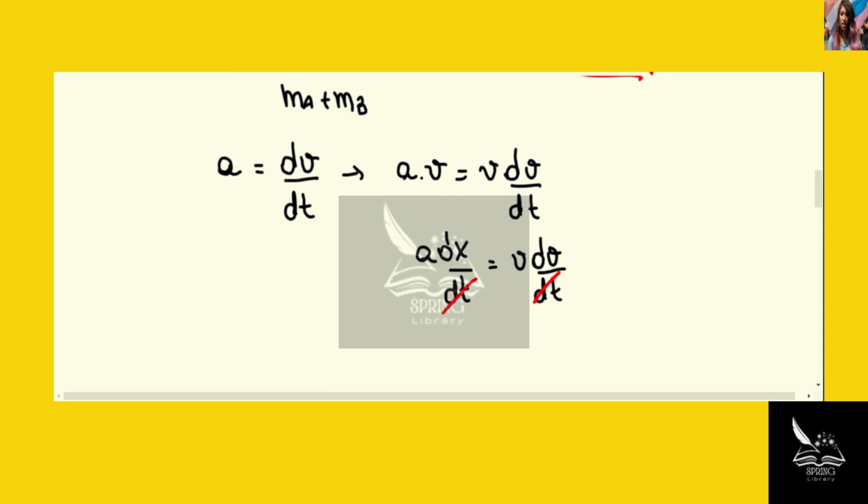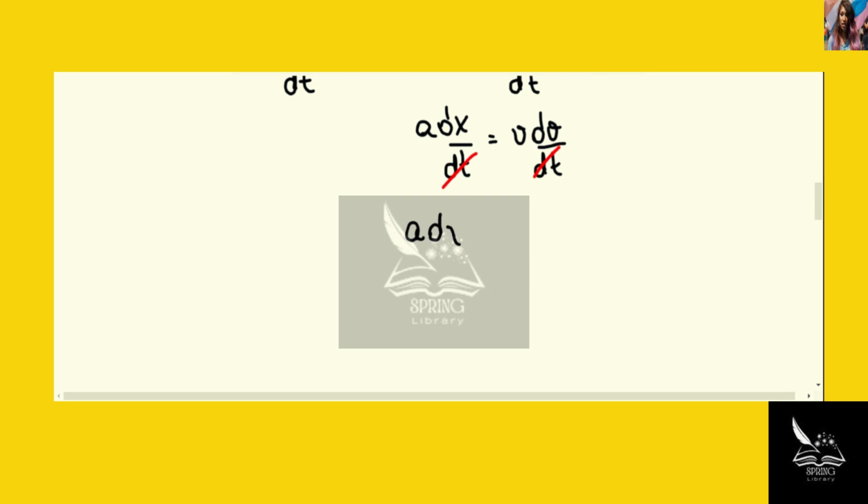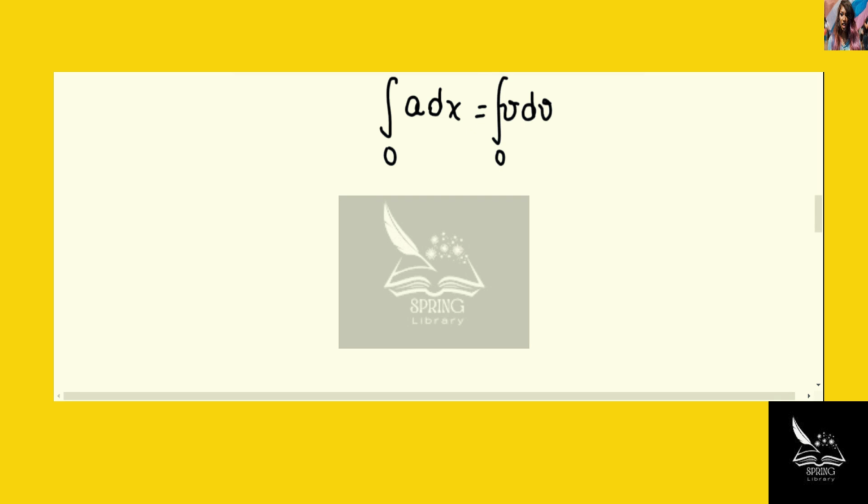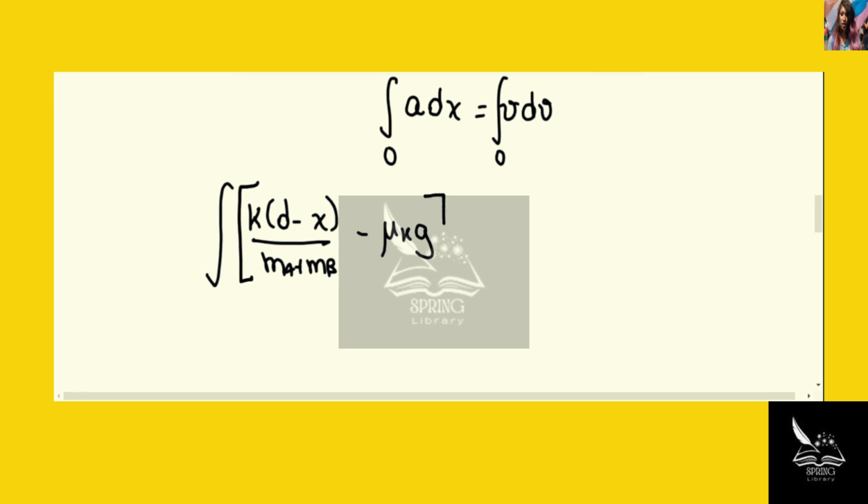The dt's cancel out, so A dx is V dv, and we have to integrate it from V equals 0 to V, and from x equals 0 to D. We know that the acceleration is K times D minus X divided by MA plus MB, minus mu K G, times dx from 0 to D, and this is equal to V squared over 2.